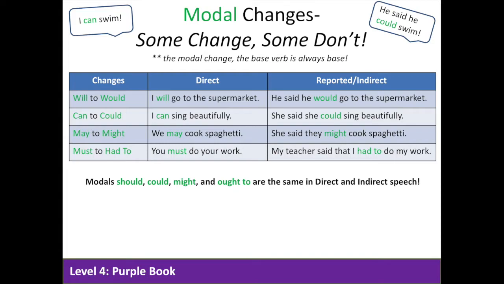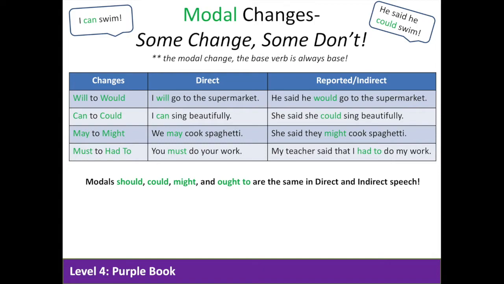It's also important to keep in mind that in reported speech, some modals will change, but some don't. Remember that even when the modal changes, the base verb is always in base form. Now, looking at the chart, we can see the changes for modals on the far left.